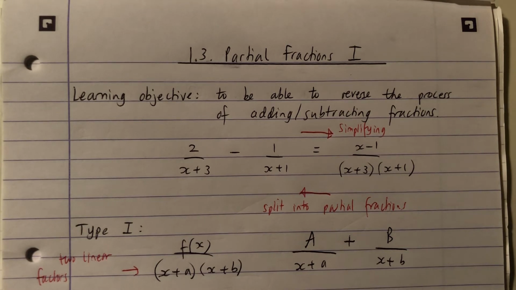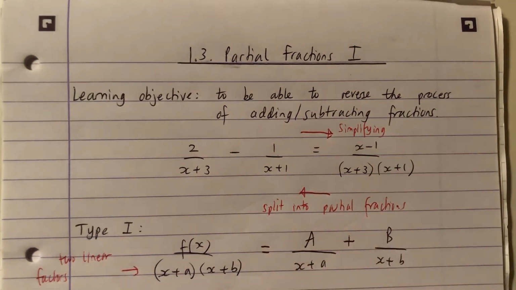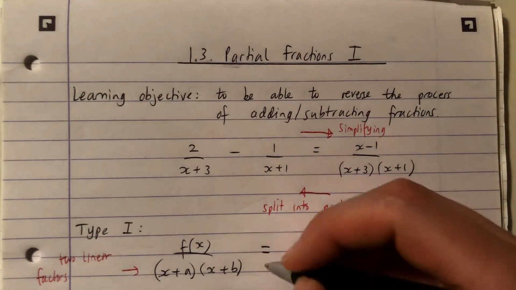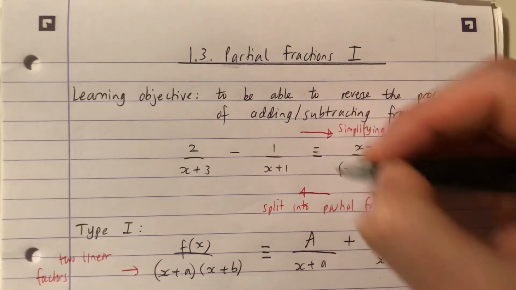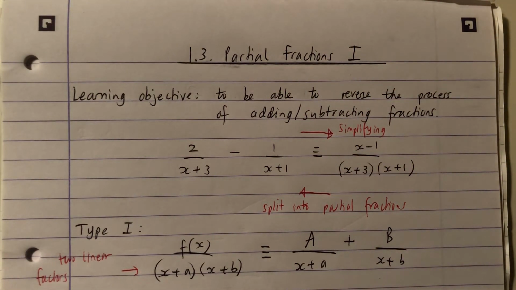Technically, rather than an equal sign, I should use the identity symbol, because the left hand side is identical to the right hand side. So you've got this type 1, some simplified fraction, and you predict that it splits up into this.